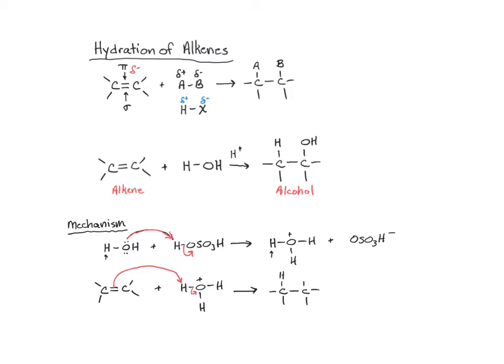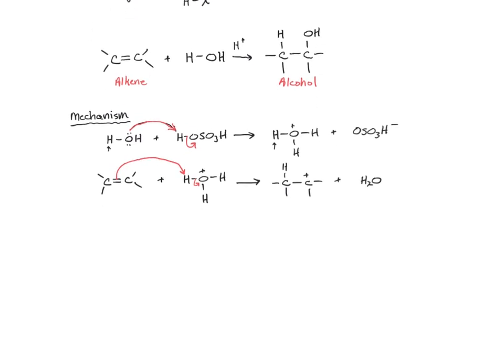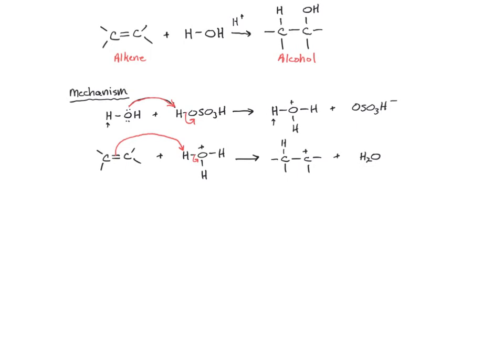Okay, so in the course of doing that, we're going to generate a carbocation intermediate plus water. Now, at this stage, we have a carbocation that's going to be hungry for electrons. So what's going to happen is it's going to react with the water that is produced as a byproduct, or the water that was just floating around anyway.